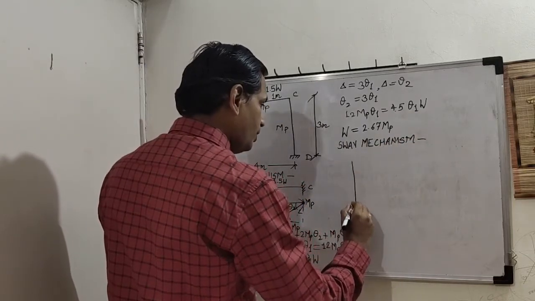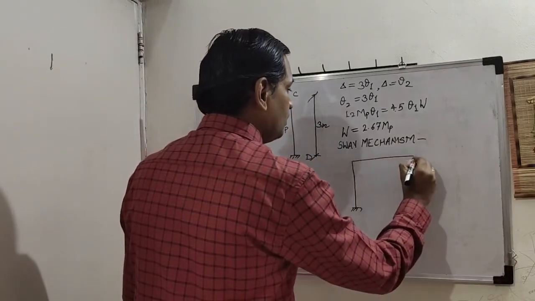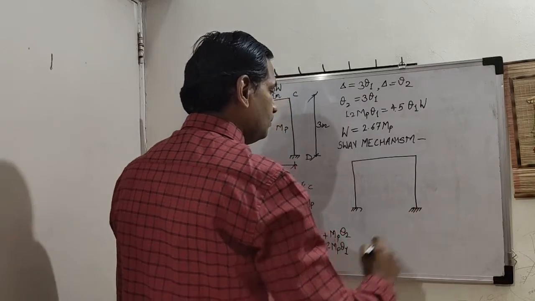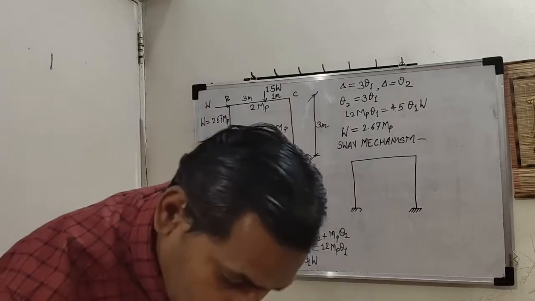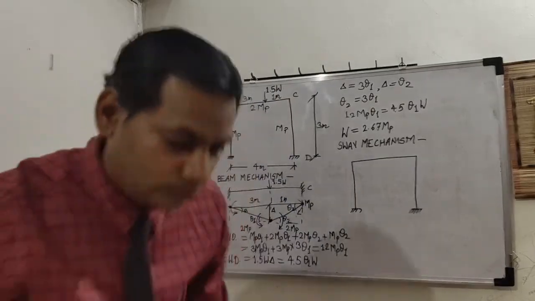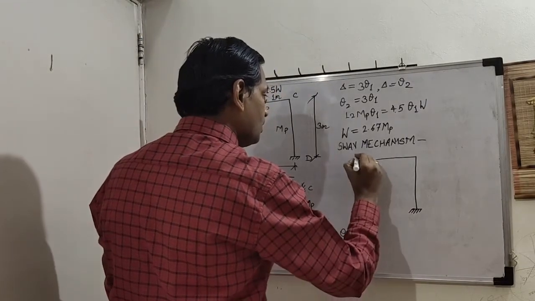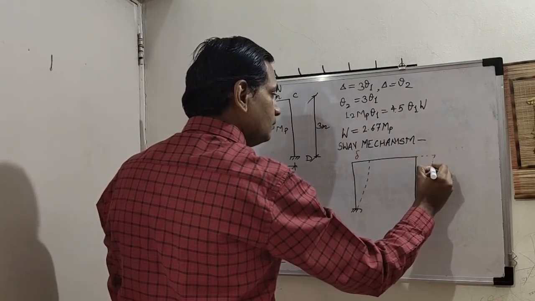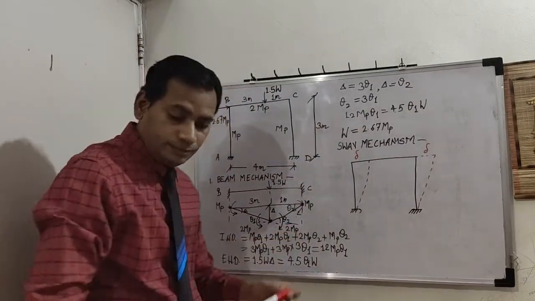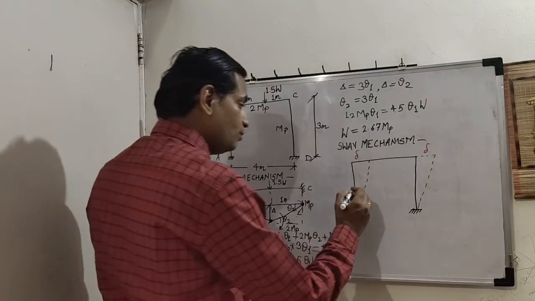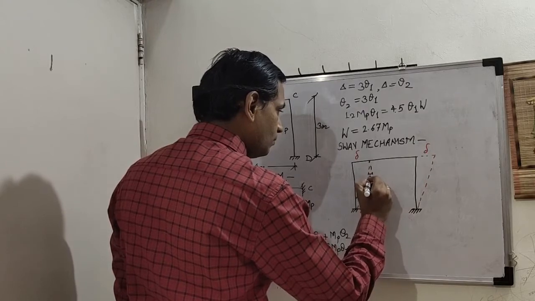So for sway, we need to consider the horizontal load W. So here it is delta. Okay. So here we shall assume theta, or we'll keep theta.